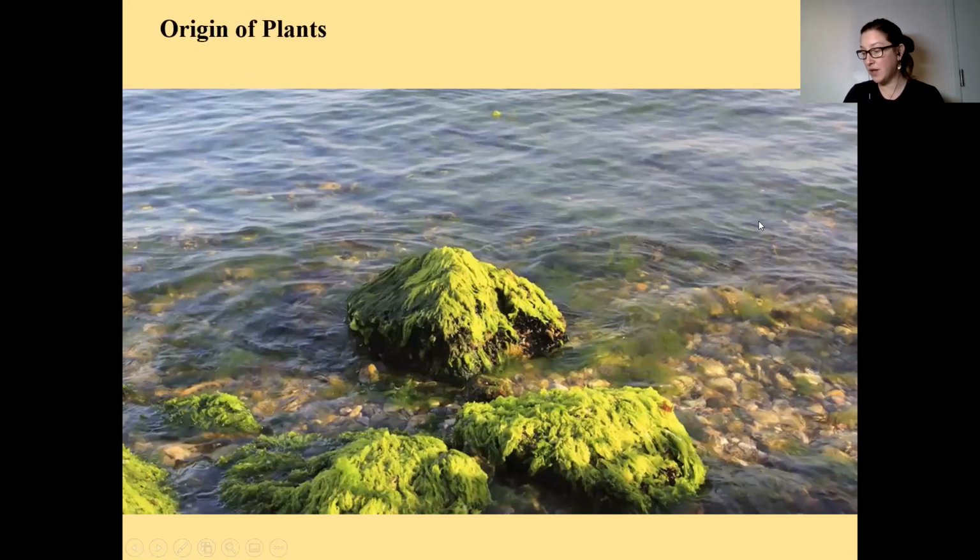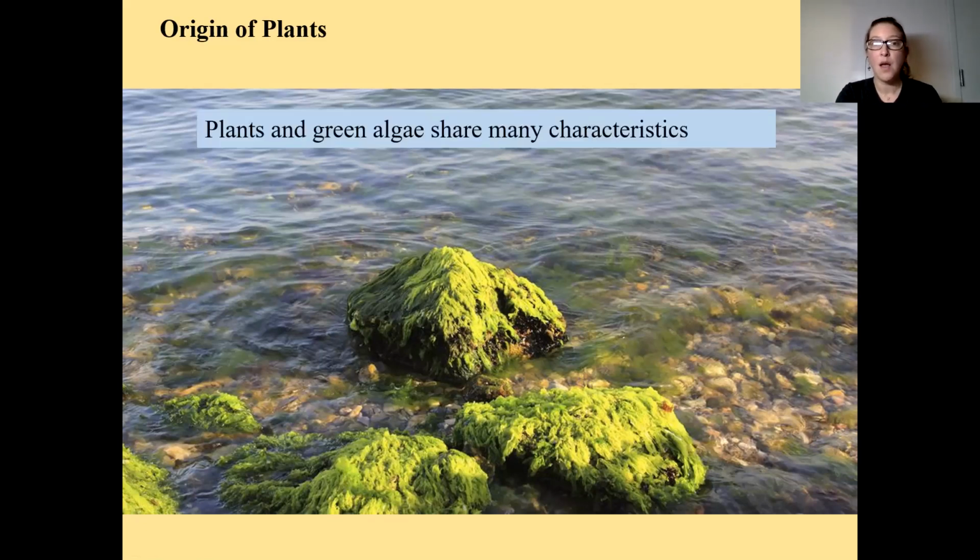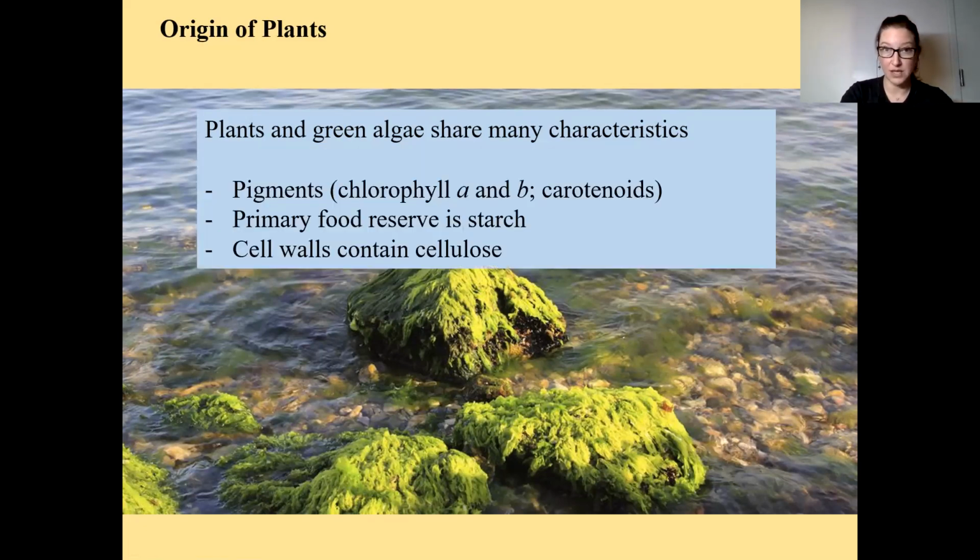Okay. So before we get into the mosses in general, we kind of have to talk about plants and the origin of plants as we know it. So plants actually began in the ocean. That's where plants originated from, millions of years ago. And we know that for several different reasons, but one of the reasons is that plants and green algae actually share many characteristics.